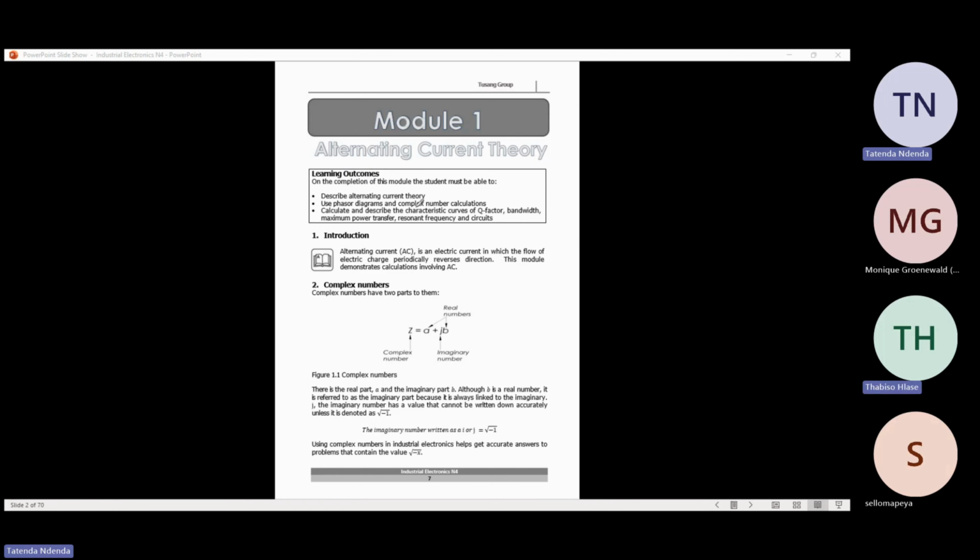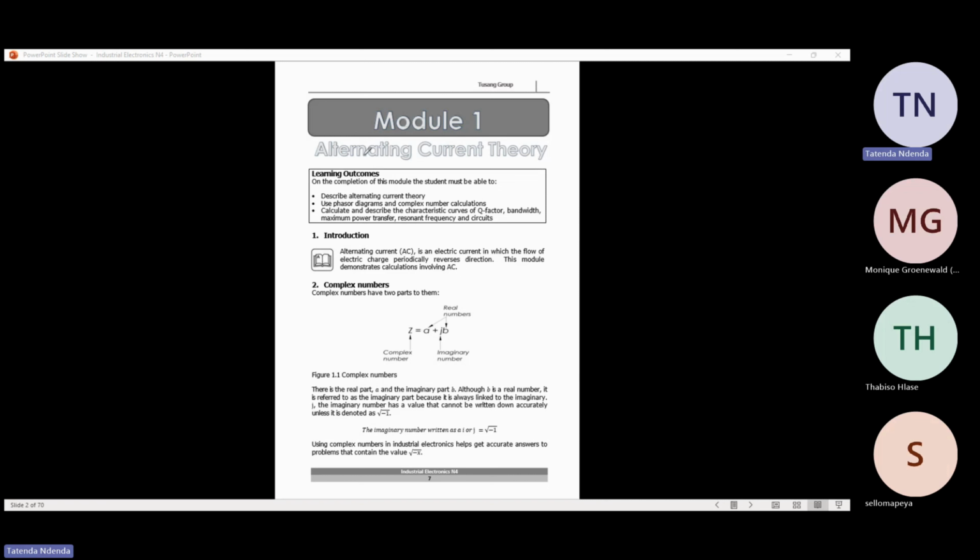From this one, Z is the complex number. Are we together? Z is our complex number, right? Then the A is our real number, and then this B that we are having here is the imaginary number.